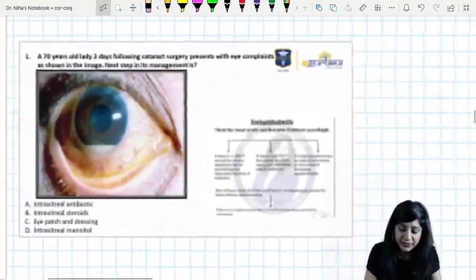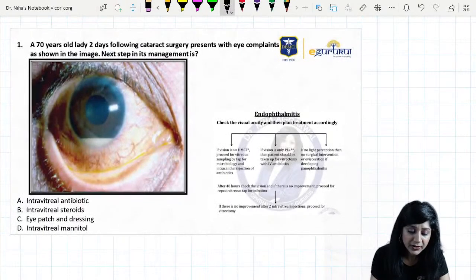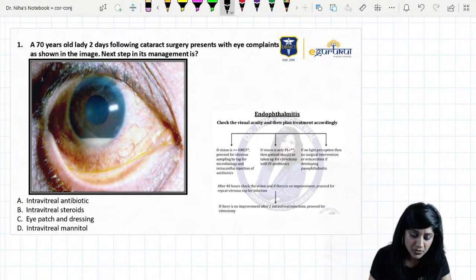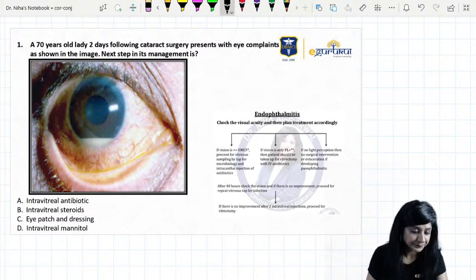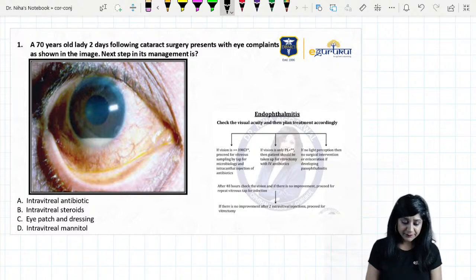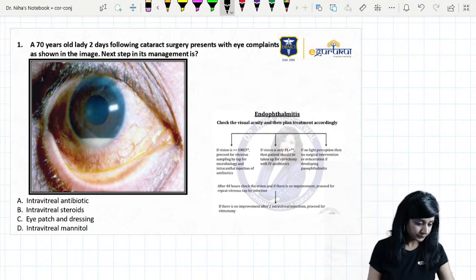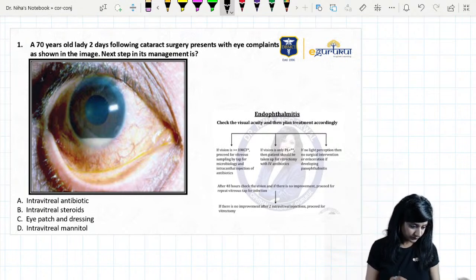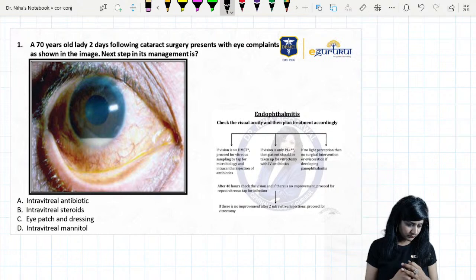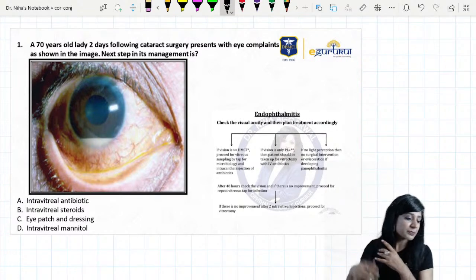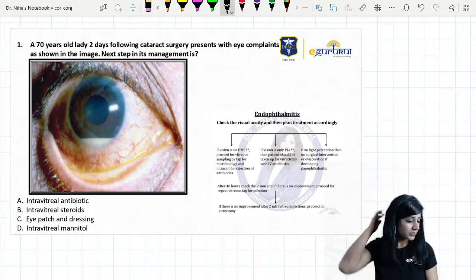I will show you one question also regarding this. See this, guys. Descemet's membrane can regenerate.